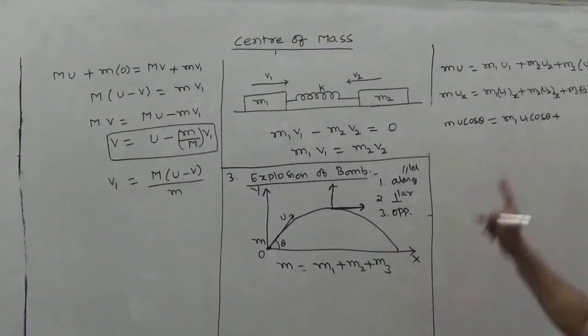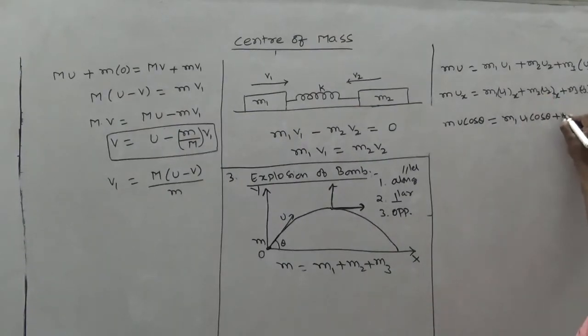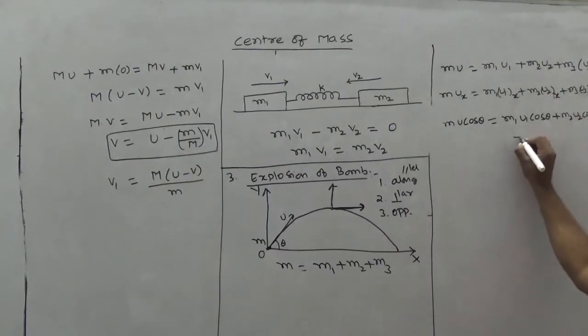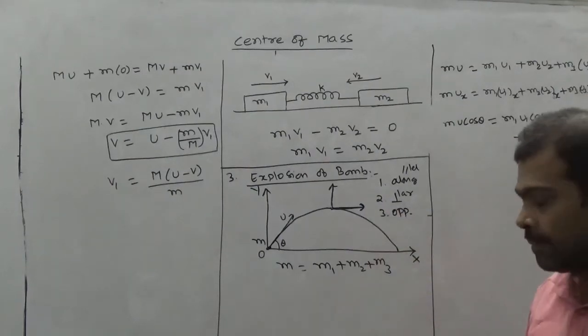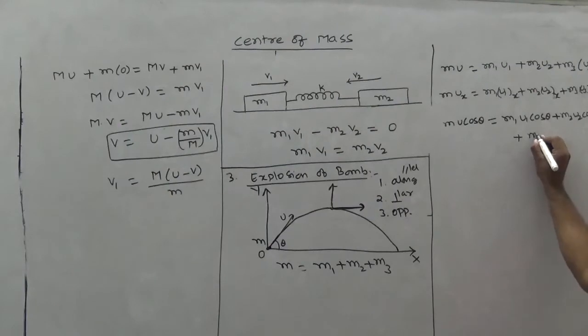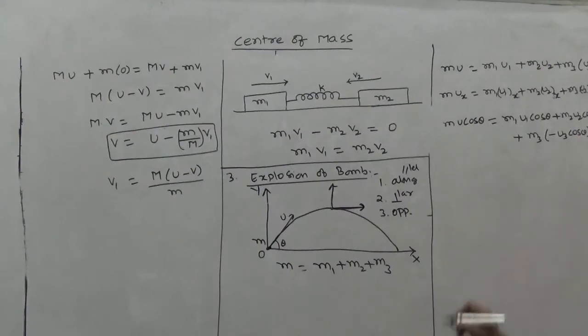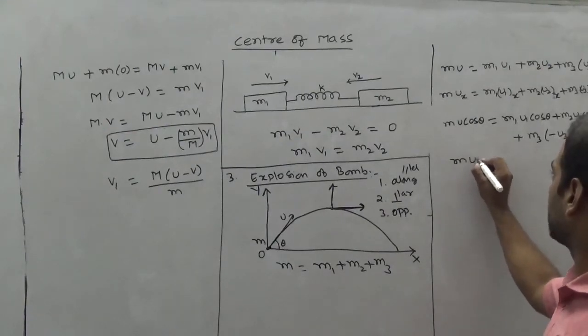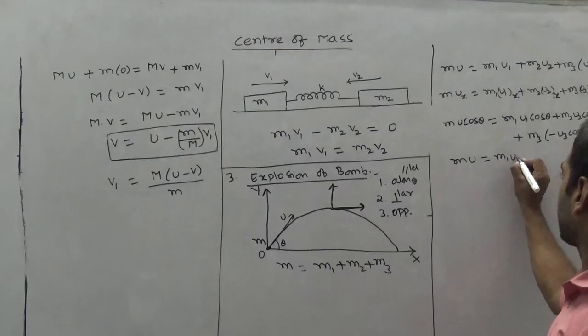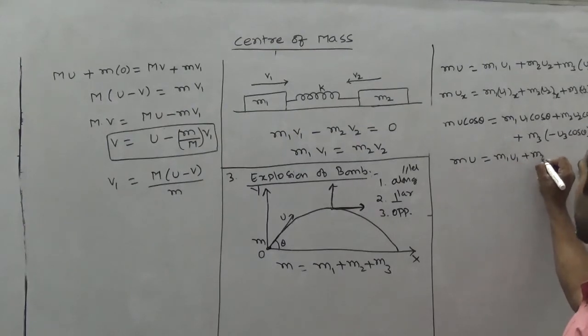Here it is m2 u2 cos theta, and for the third fragment moving in the opposite direction, we write minus u3 cos theta. So I can write mu is equal to m1 u1 plus m2 u2 minus m3 u3.